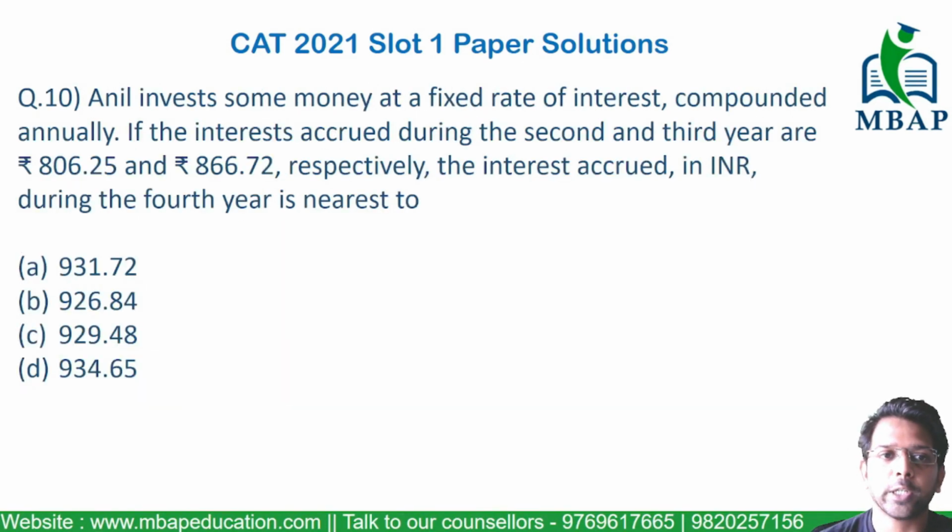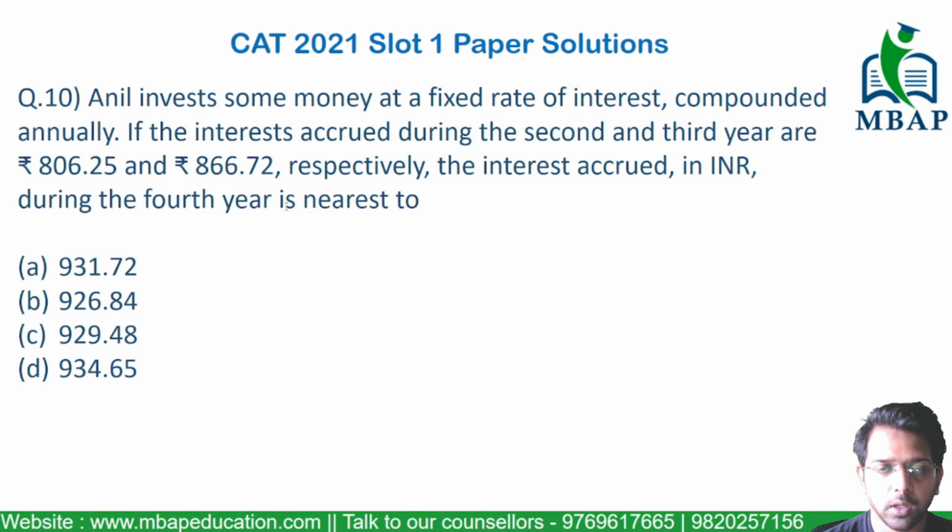Let's take the next easy question. The question says, Anil invests some money at a fixed rate of interest compounded annually. If the interest accrued during the second year and the third year is 806.25 and 866.72 respectively, then the interest in the fourth year will be nearest to what?